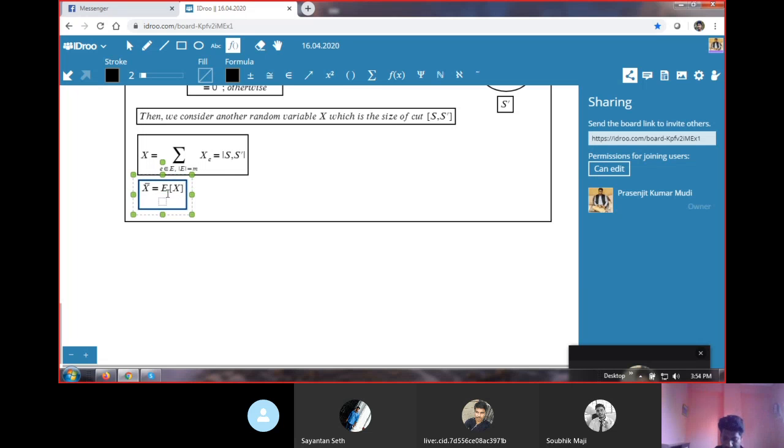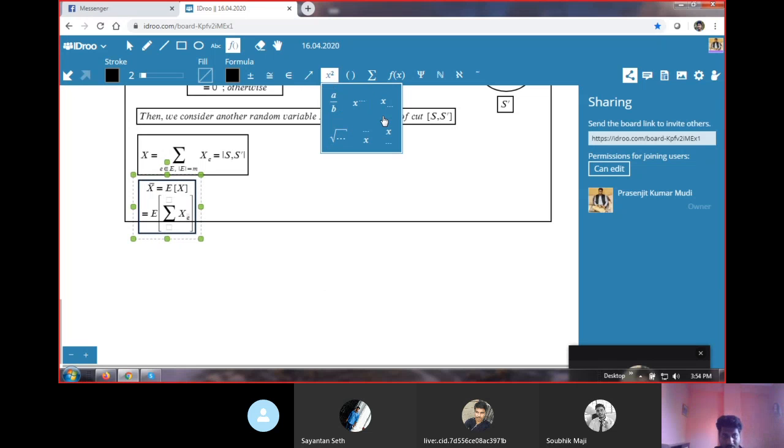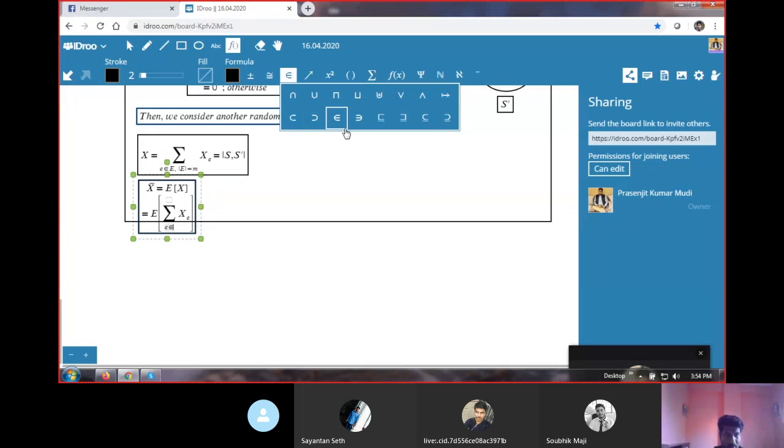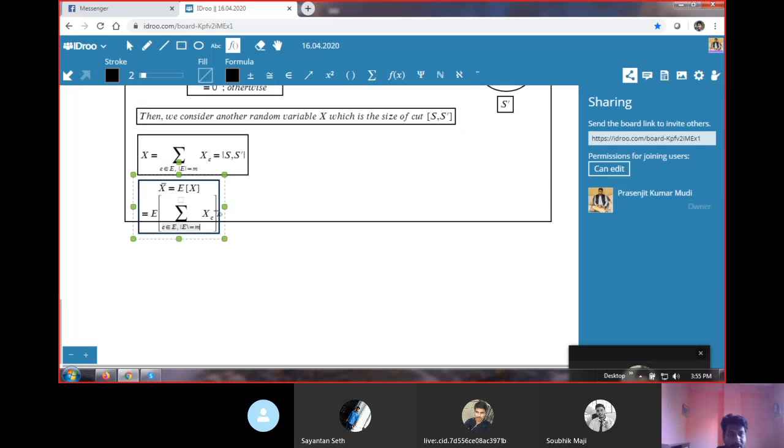Okay. Next line, expectation of the summation over x suffix e where e belongs to the edge set E, with cardinality of E equal to m.